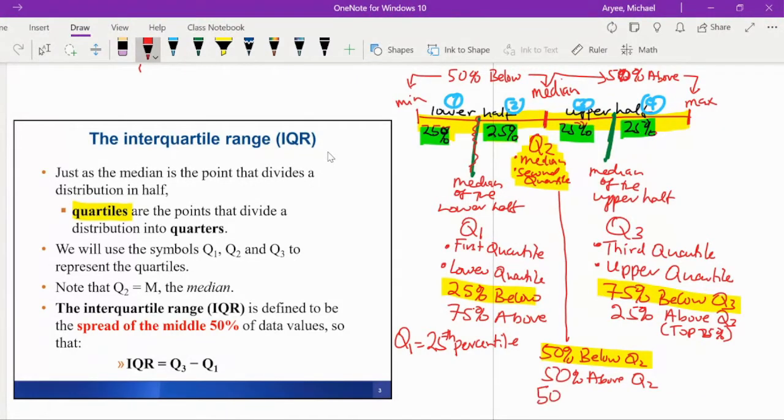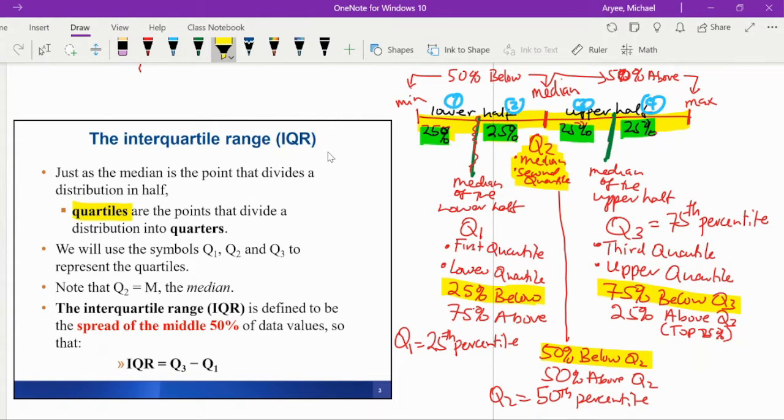Q2 is the same as the 50th percentile. And Q3 is the same as the 75th percentile. All right, so percentile just means the percentage of data below or at a particular data value.